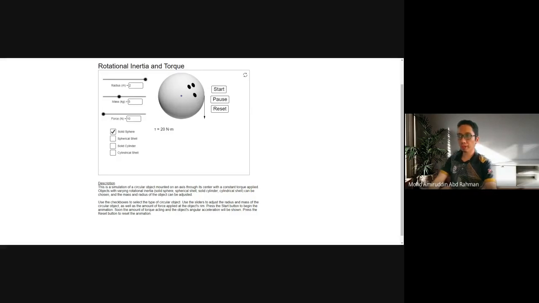You need to find out whether the graph is linear, what the slope is, what the units of the slope are, and what physical quantity the slope represents, for example the moment of inertia, the angular velocity, or the mass. You need to determine that. That's about experiment number 2.